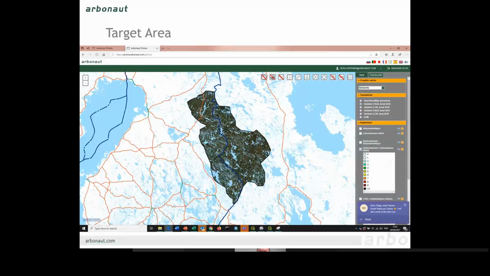And then we have color infrared Sentinel 2 from the same, and a red, green, blue image from summer leaf on, and color infrared from leaf on as well. Actually, if you look in more detail, the Sentinel has more bands, and all the Sentinel spectral bands were included in the analysis, but this just gives you a little view to the data. And you can see the Finnish-Russian border, and you can see our project target area also.